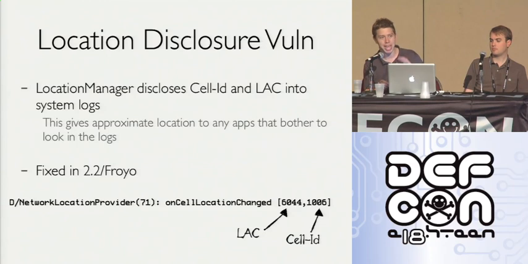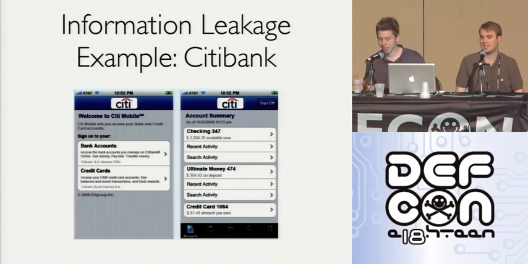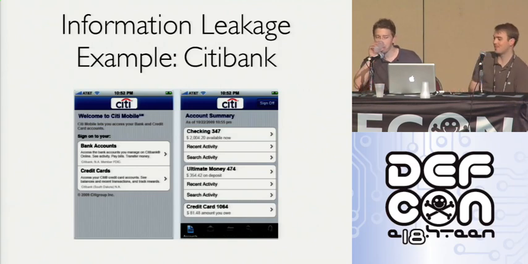So what that means is that any application that has the read logs permission can grab those pieces of data and determine where you are. And there's a lot of other things we've also seen with respect to applications logging things spuriously and disclosing all sorts of fun information. I liken it to dumpster diving on mobile.